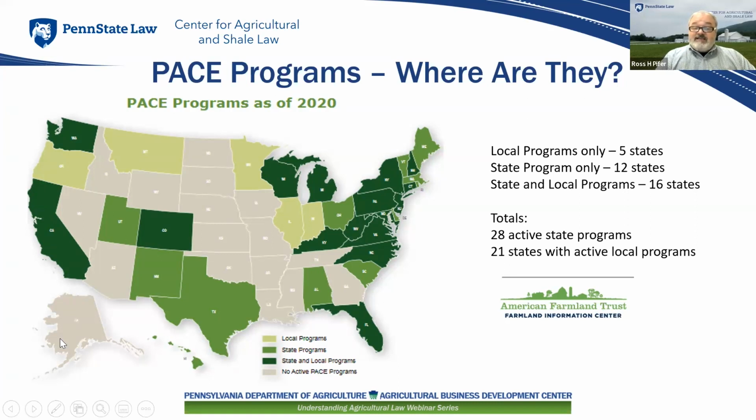You can see that every state in the Northeast and along the Mid-Atlantic has a program. But as you get out into the Midwest and the Great Plains, a lot of those large agricultural states do not have these programs. A total of 28 states have active programs, and Pennsylvania, along with all of Pennsylvania's neighbors, has a purchase of ag conservation easement program.